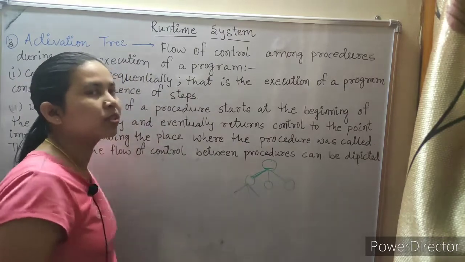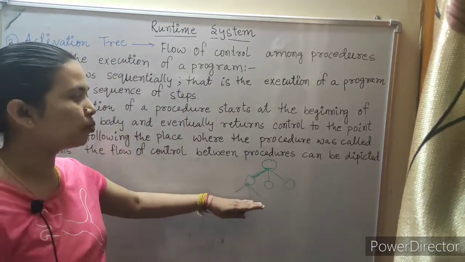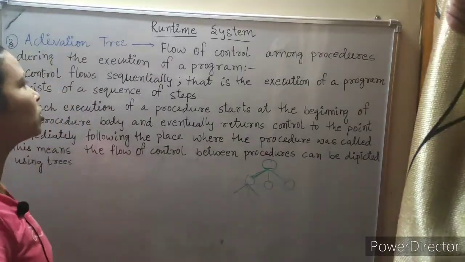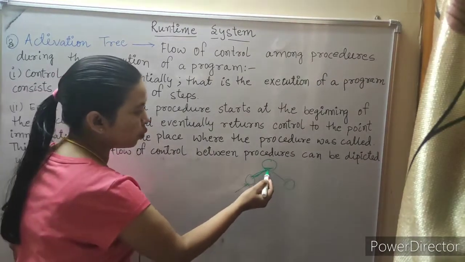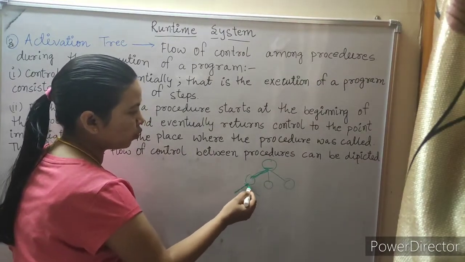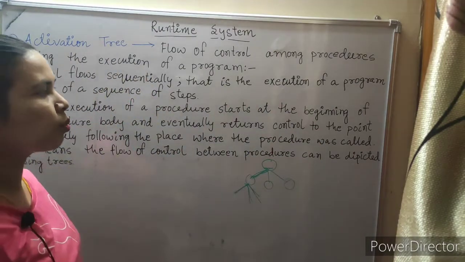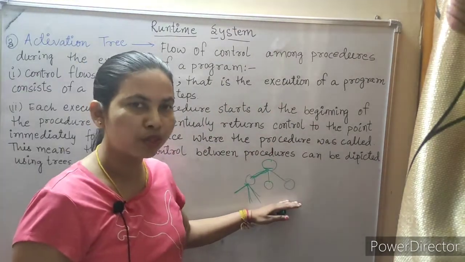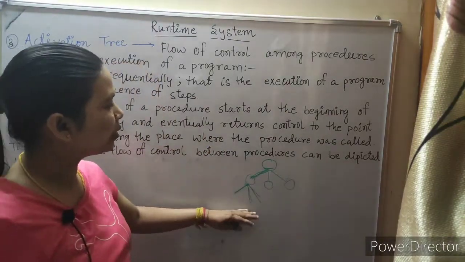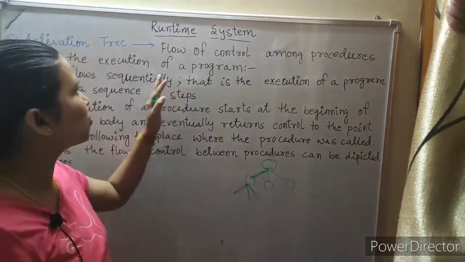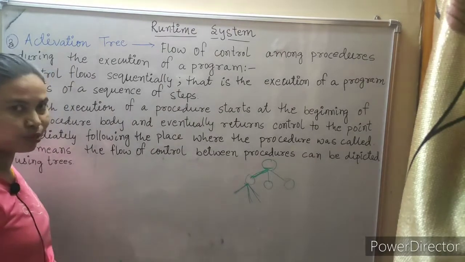This is the activation tree, and it is called by the procedure. This is the flow of control among procedures during the execution of a program. Whenever we execute the program, we need procedure calls, which are shown by the activation tree. This is the easiest method.